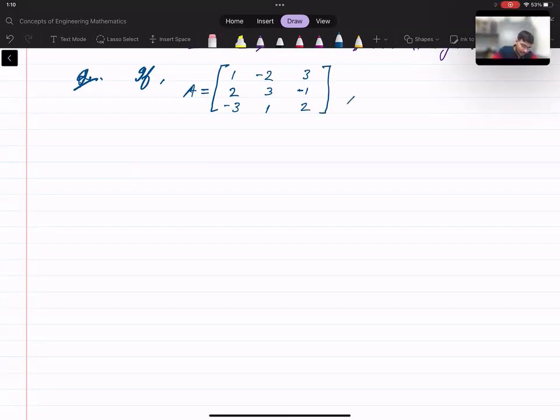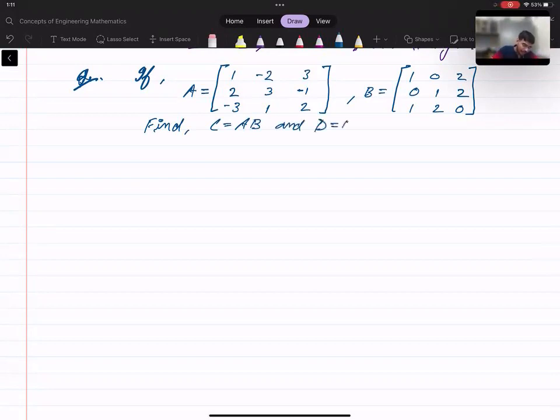And the next matrix given to us is B, which is 1, 0, 1, then 0, 1, 2, and then 2, 2, 0. Now we need to find C equal to AB and D equal to BA. So we need to find both the products.